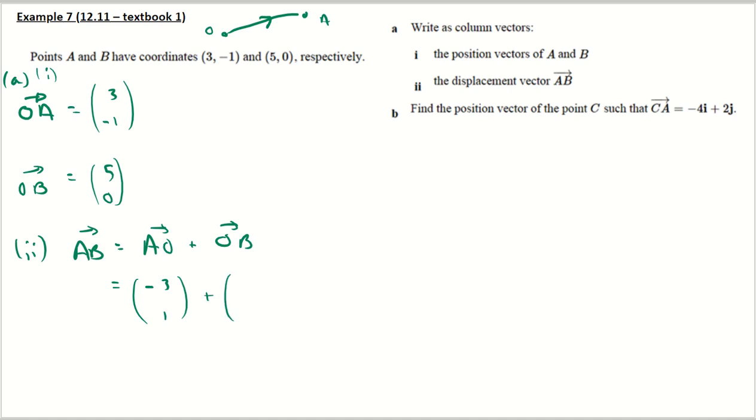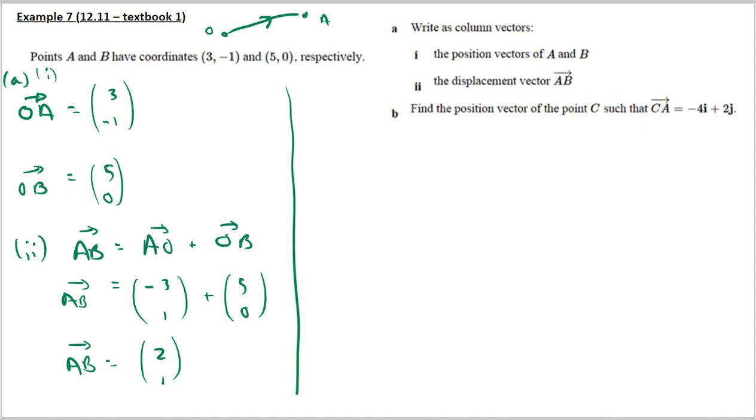So 3, negative 1, negative 3, 1. OB is still the same. So overall, again, get used to writing this stuff out properly in vector notation. A to B will be 2 and 1. They will look at your notation when you do vectors. It's quite clearly talked about in the teacher guidance. They want you to use proper vector notation.